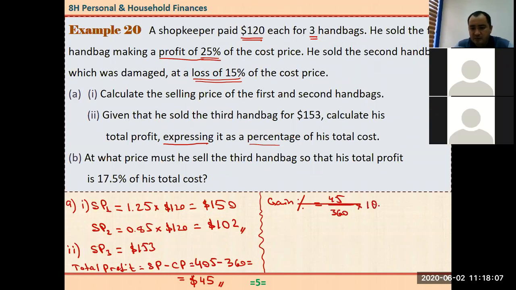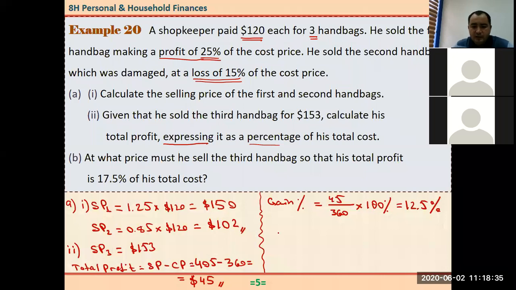To express this as a percentage, we multiply by 100%, which is 4500 divided by 360, that is 12.5%. So he made 12.5% profit on cost. Okay, gain percentage, profit percentage.